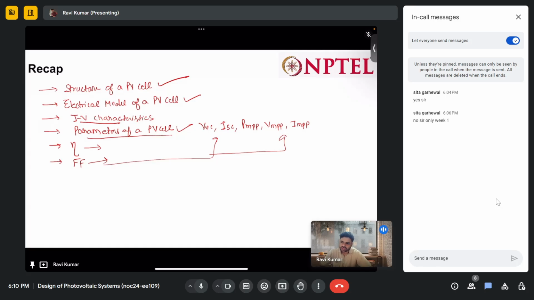So this was the first class. Now I just want to ask you one very simple question. We were talking about a PV cell. Let's draw a standard PV cell like this. The size of this PV cell is 156 mm by 156 mm.